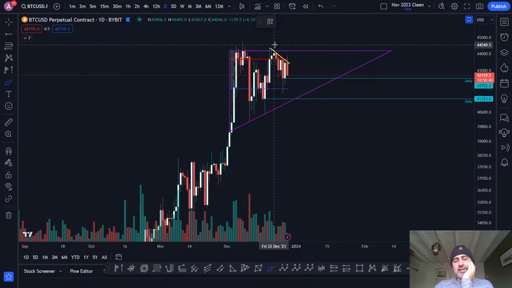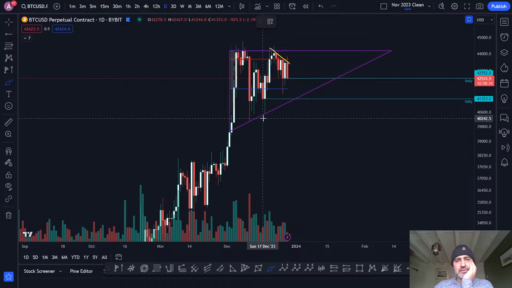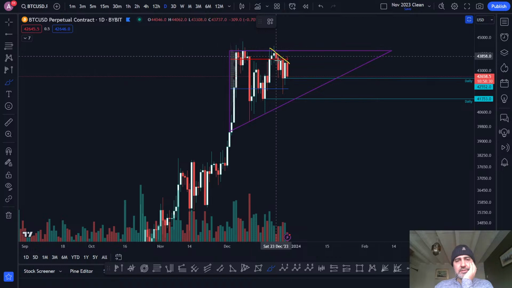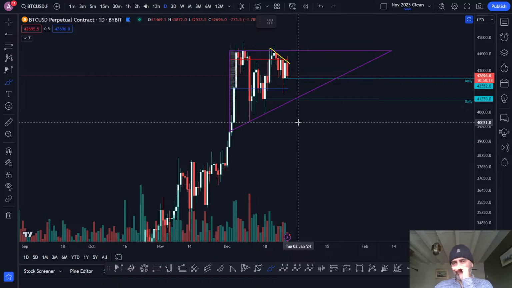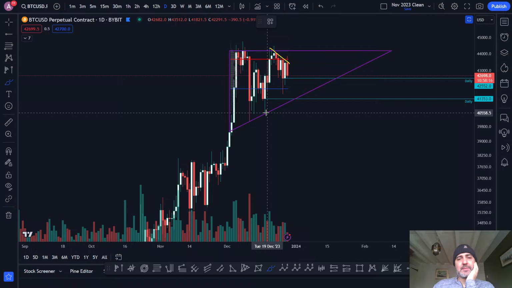We haven't made a higher high here, so higher high, is that a higher low? Lower low, lower high, lower low, higher low, lower high, are we about to see market structure change?